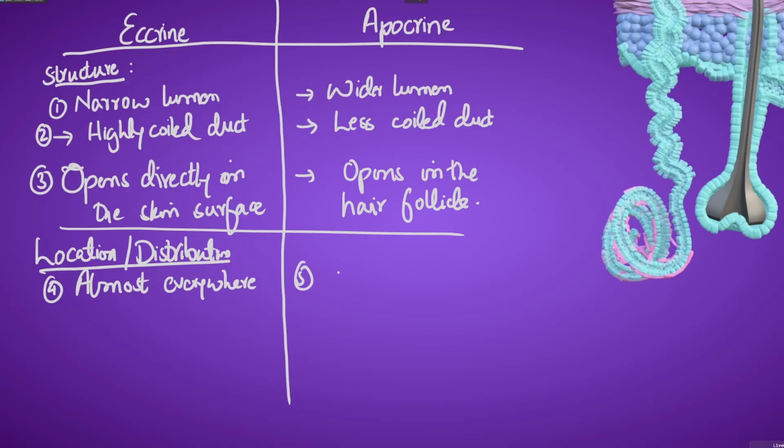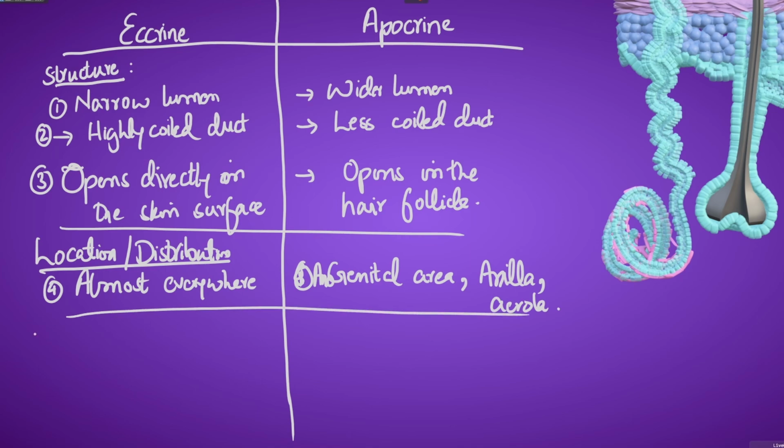It is present mainly in the anogenital area, in the axilla, and in the areola of the breast region. There may be few more regions, but mainly these are the important ones. And then after location, I would like to briefly talk about the secretions of these glands.